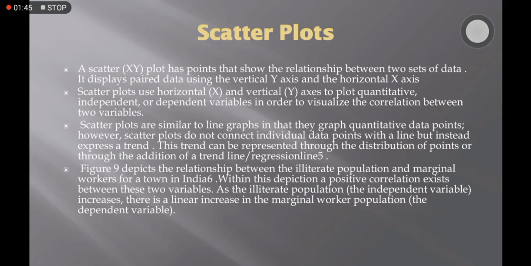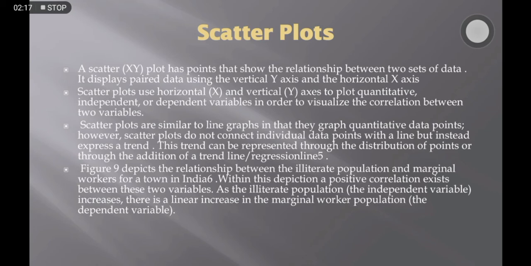Scatter plots. A scatter plot has points that show the relationship between two sets of data. It displays paired data using the vertical axis, that's the y-axis, and the horizontal axis, that's the x-axis. Scatter plots use the horizontal axis and the vertical axis to plot quantitative independent or dependent variables in order to visualize the correlation between two variables.